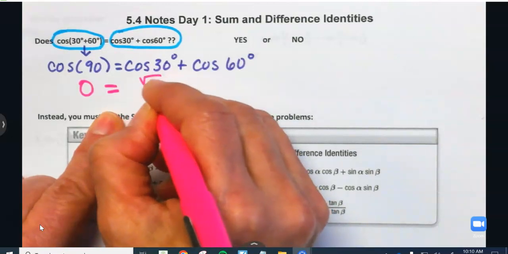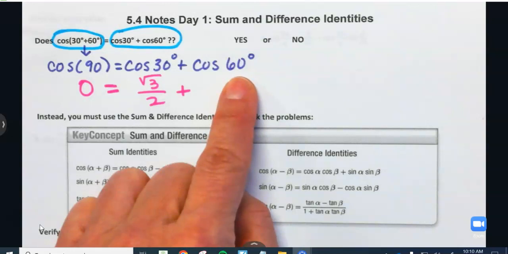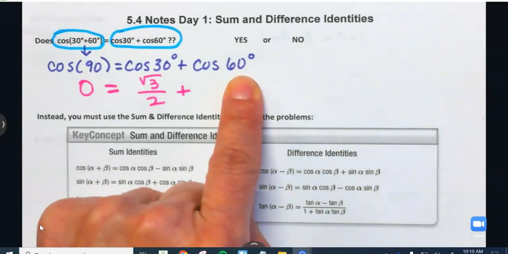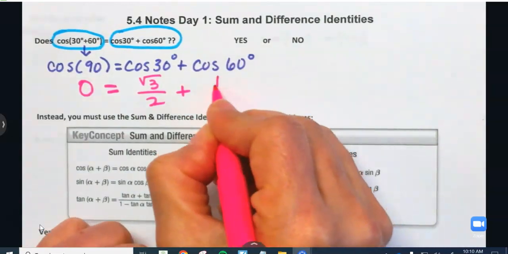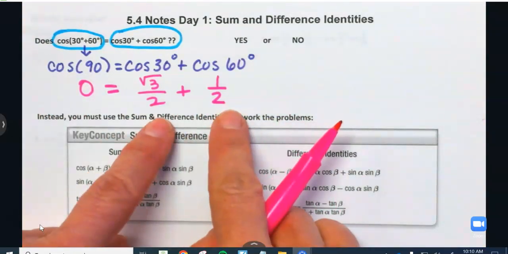Root 3 over 2. Plus the cosine value for 60 degrees. It's 1 over 2. It's pi over 3. That's why y'all have your little unit circle. Is that a true number sentence? Does that equal that? No.